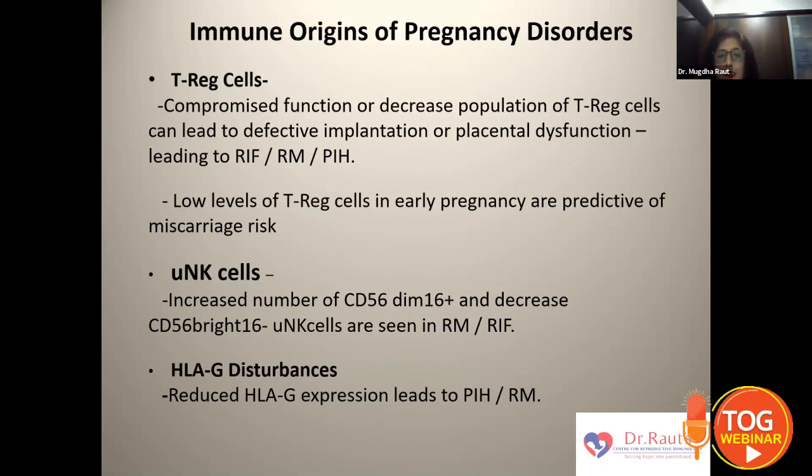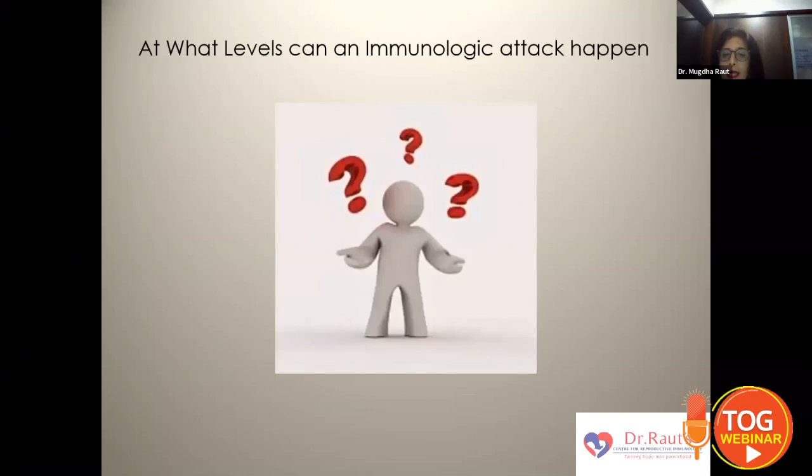An increased number of CD16 dim and CD56 dim, CD16 bright, and a decrease in the CD56 bright and CD16 dim uterine NK cells are seen in repeated miscarriages and recurrent implantation failures. And reduced HLA-G expression by the embryo can lead to PIH or repeated miscarriages.